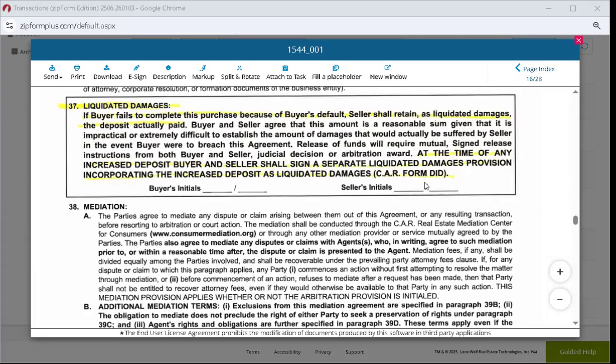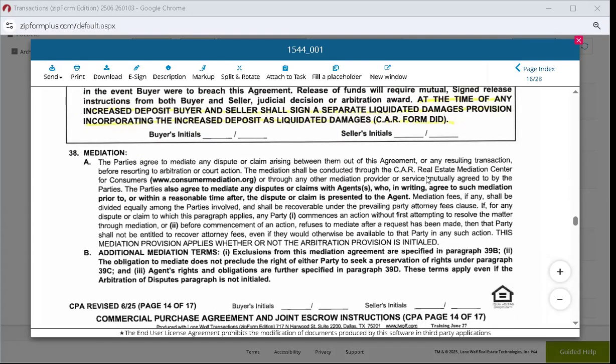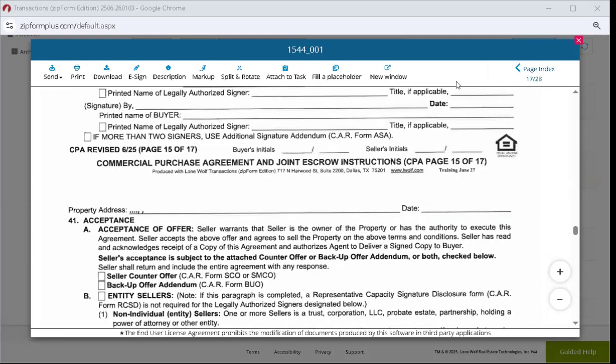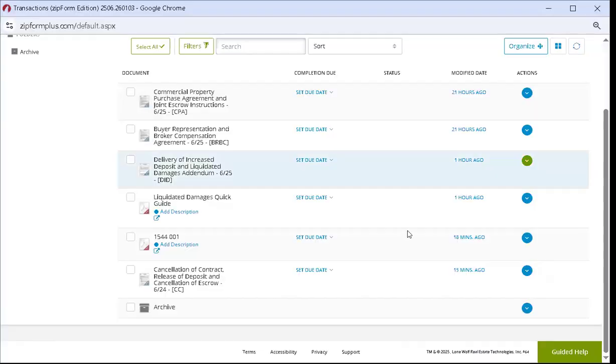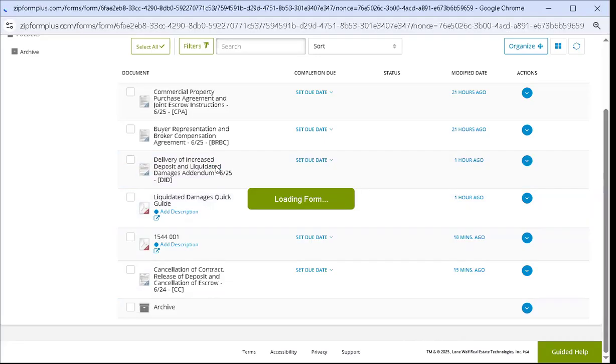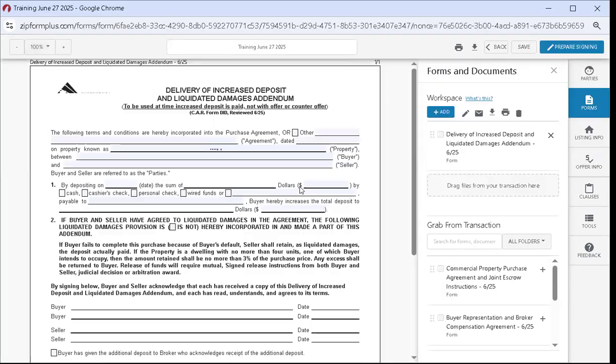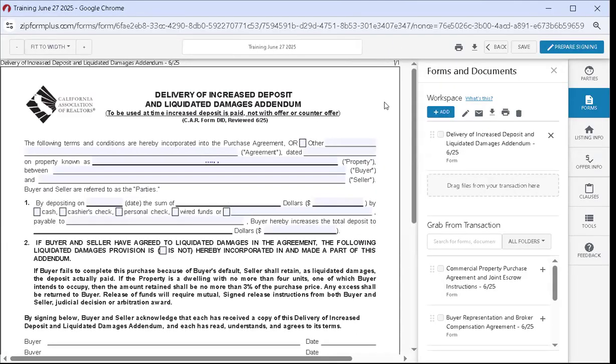Anytime you bring in more deposit, make sure you have the DID to back you up. So I am going to flip to the DID right now, just to show you. Right here, DID, delivery of additional deposit. And I think I put a copy in your package at the back.